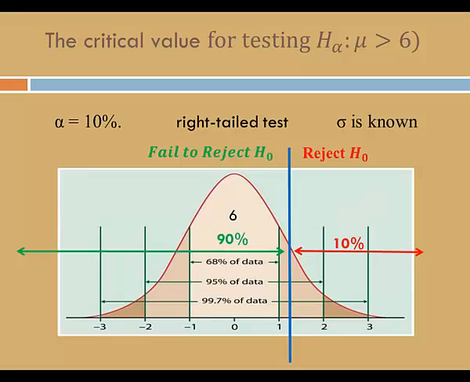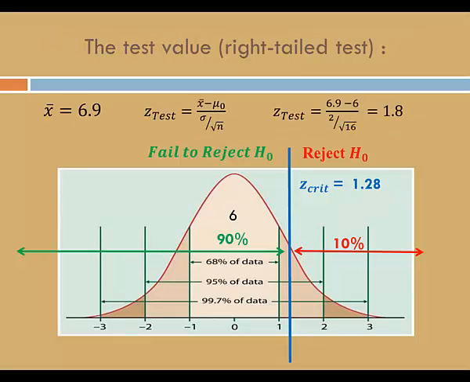We draw a line that places 10% probability to the right and 90% to the left. If our test statistic falls to the right of this line, we reject the null hypothesis. If the test statistic falls to the left of this line, we fail to reject the null hypothesis. The corresponding critical value of z is 1.28.